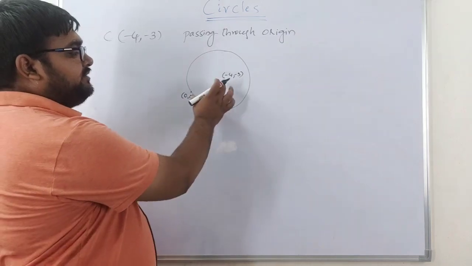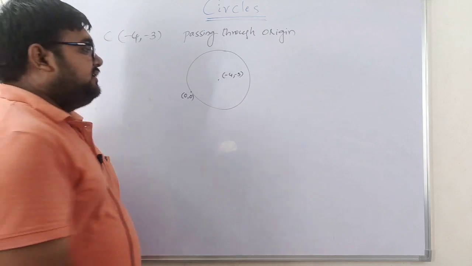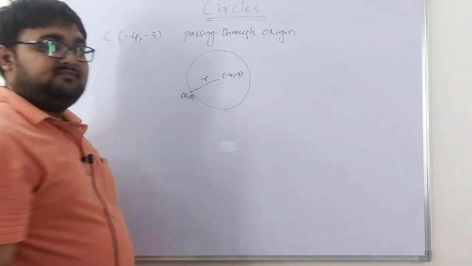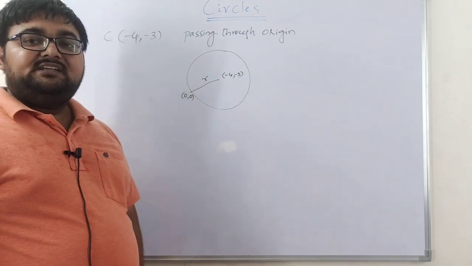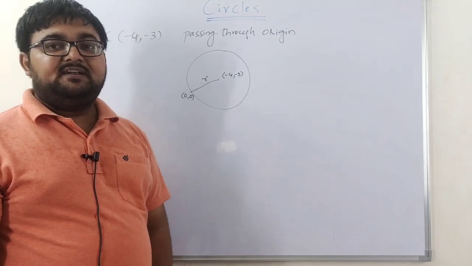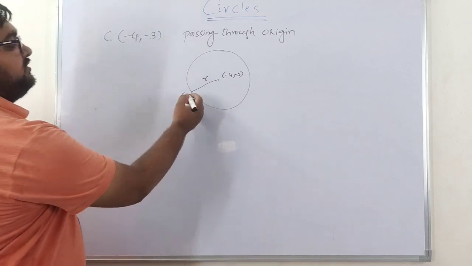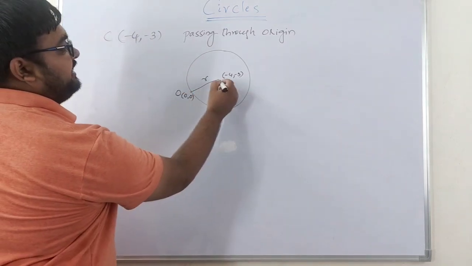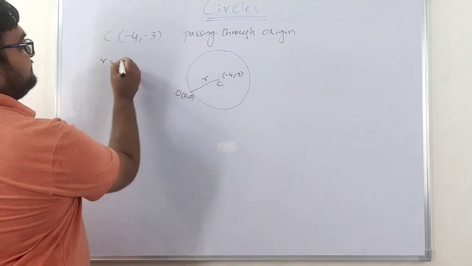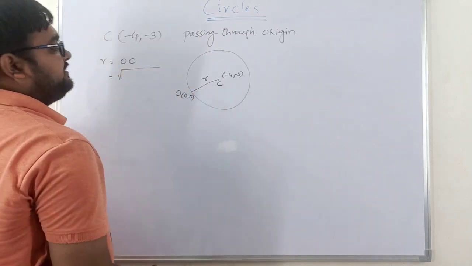So from this you can identify that indirectly the radius is given. The distance between origin and the center is nothing but my radius, right? So by finding out the radius, since we know the center, we can apply center radius formula, right? Now let us see the problem. Let this be origin O and this is some center C, then my radius is nothing but OC, which is nothing but square root of distance between these 2 points.